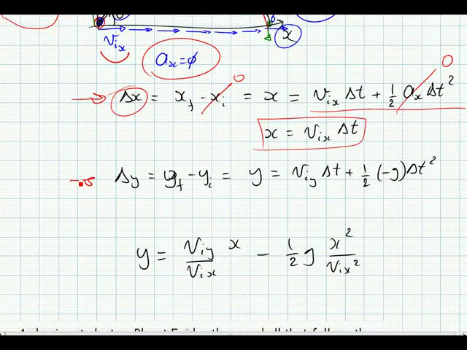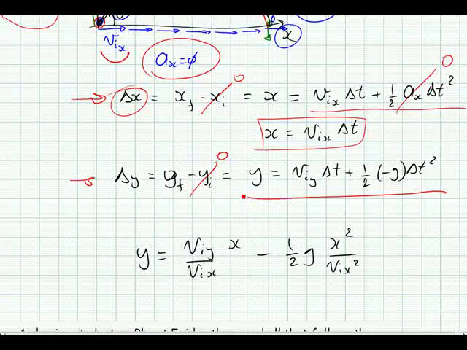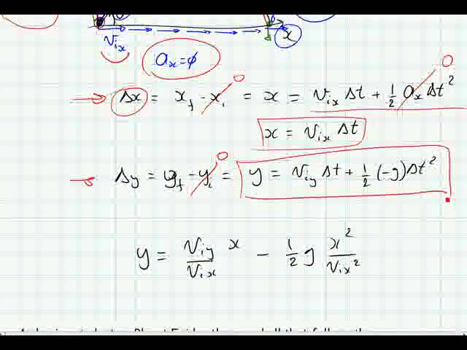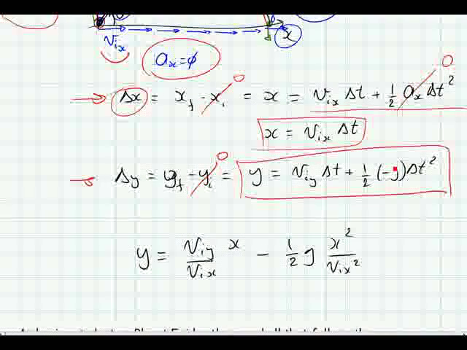And along the y-axis similarly, this is 0, we end up with y is equal to v_iy delta t plus 1/2 of minus g, that's the acceleration along the y-axis, delta t squared.